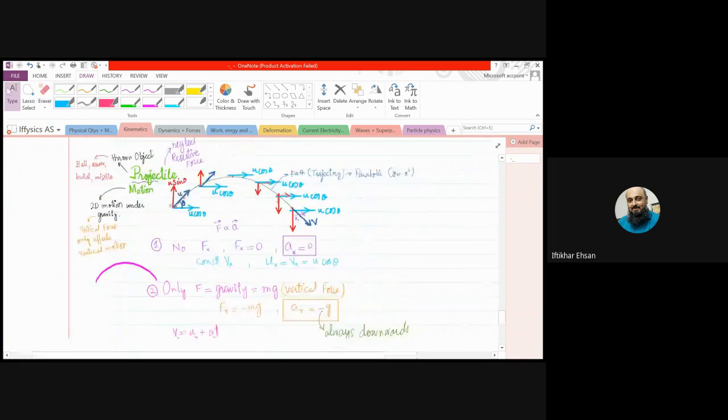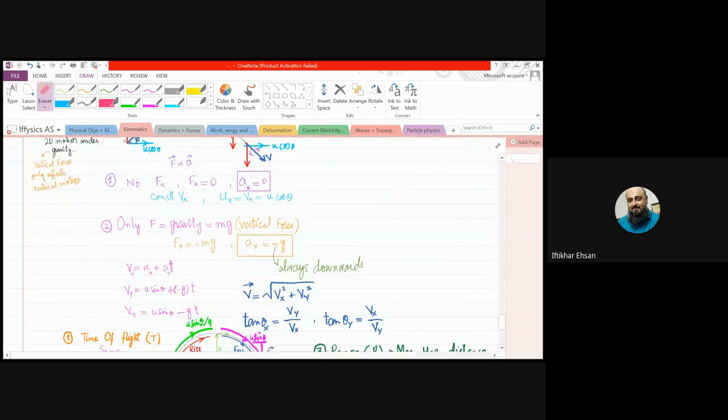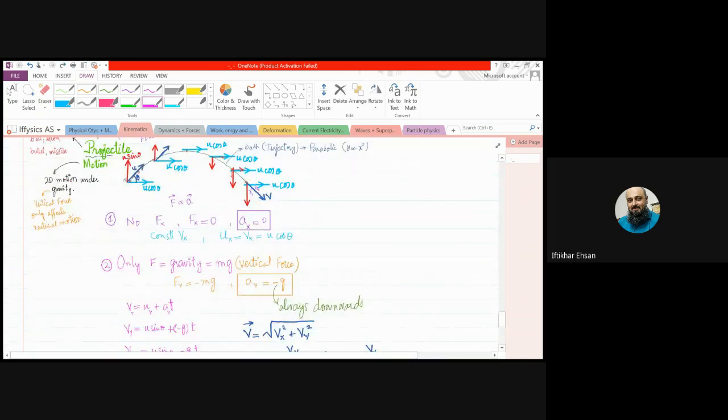Now, what we have so far discussed, there is no horizontal force and there is only one vertical force, which is forcing the object to change like that, right? The only force acting on the projectile after we project or throw is gravity, and that is a vertical force. Gravity means weight, mg, right?